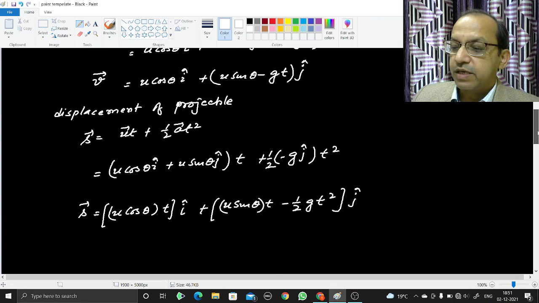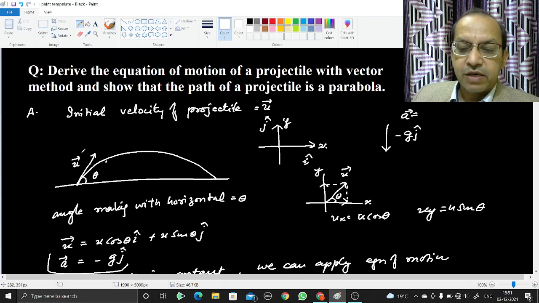Now we can see from the diagram, if the origin is taken at the point where the projectile is being projected, then the displacement of the particle at any time, or the position vector, will have two components, the x component and y component.